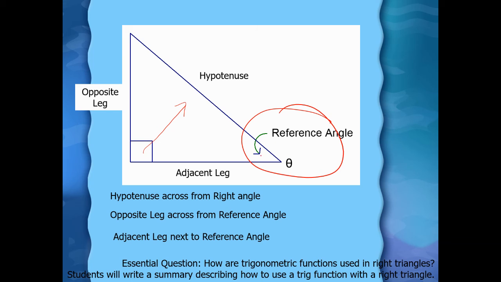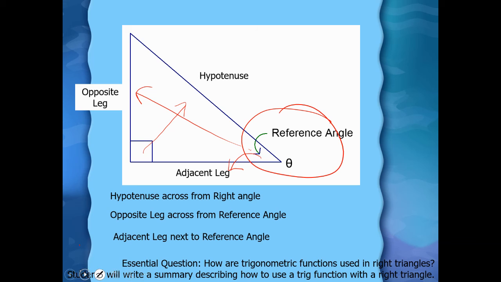And then we know that the opposite leg is 100% of the time across from the reference angle. And finally, we know that the adjacent is 100% of the time next to the reference angle. I always do that one last because I know where the opposites are really well. And the last one is always just the one that's left over.